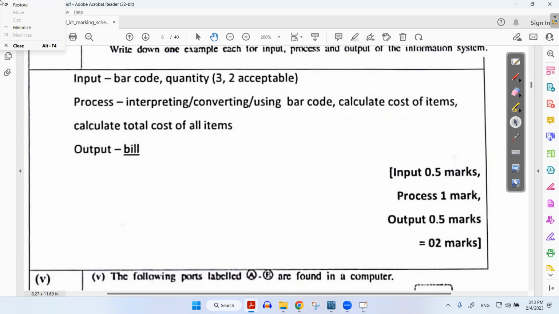So for each and every category, only one answer is needed. So 0.5 for inputs, 1 mark for the process and 0.5 for output. That's how they have given you 2 marks. Right. So see how much you got out of it.